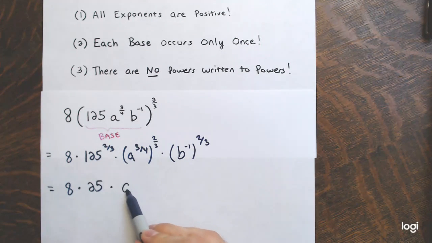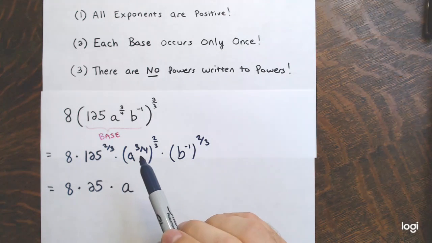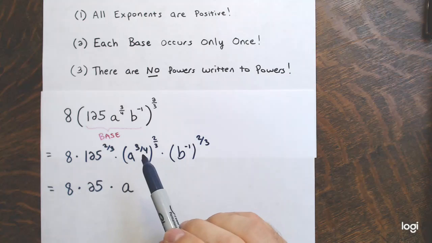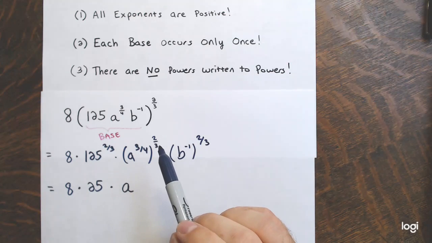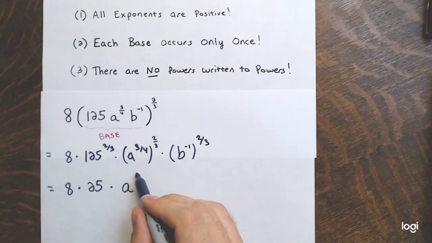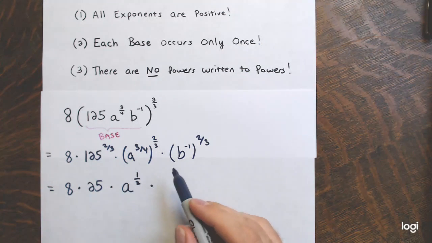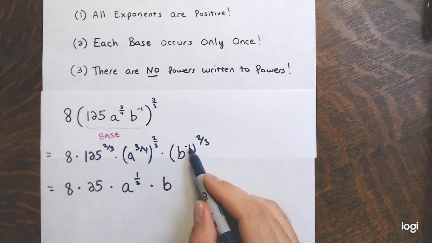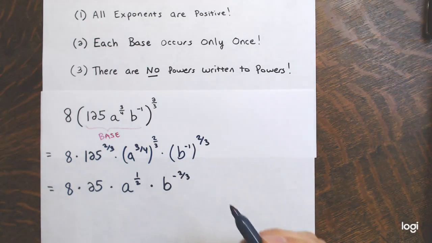Times, and then here we have a to the, and I'm just going to multiply them now, a to the 3/4 to the 2/3, that's power to a power. You'd multiply these exponents. 3 times 2 in the numerator, 6, 4 times 3 in the denominator is 12, 6/12 reduces to 1/2. So I just have a to the half. And then finally times, and then b to the -2/3, right, -1 times 2/3 power.